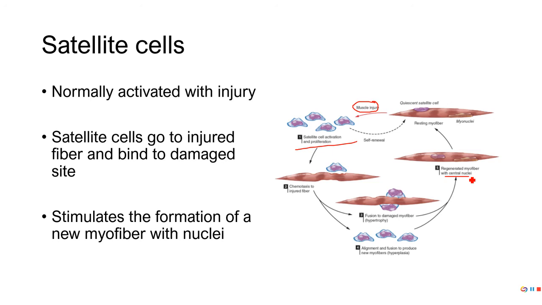And so we get this central nuclei created. We have its own muscle fiber, and so we went from having one damaged muscle fiber to now having two healthy muscle fibers. And then that process ends, and if hyperplasia occurs again, then we'll have the activation of those satellite cells.